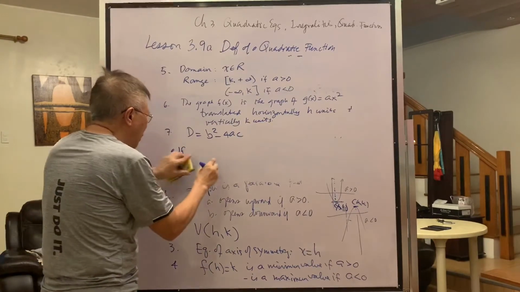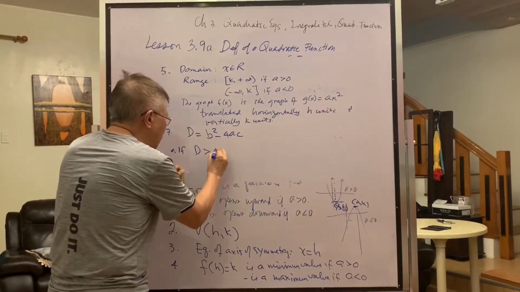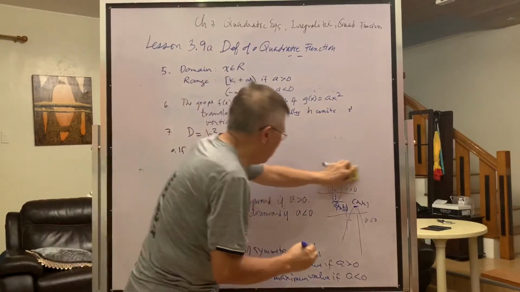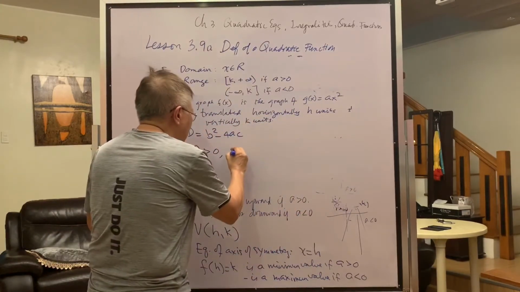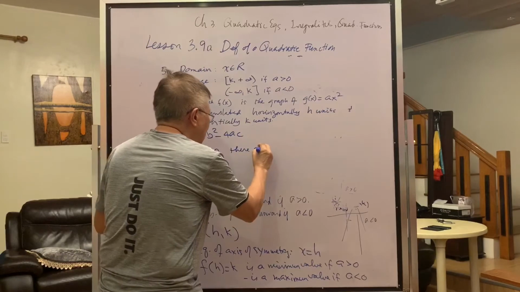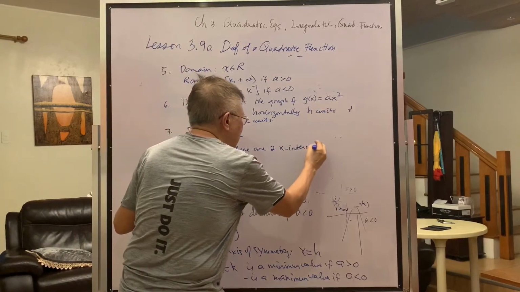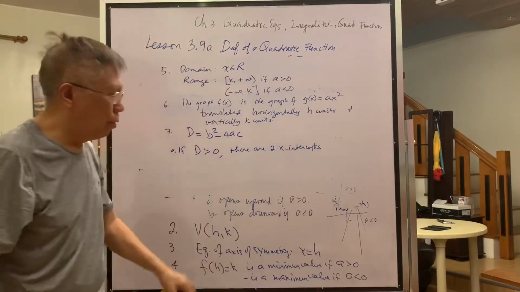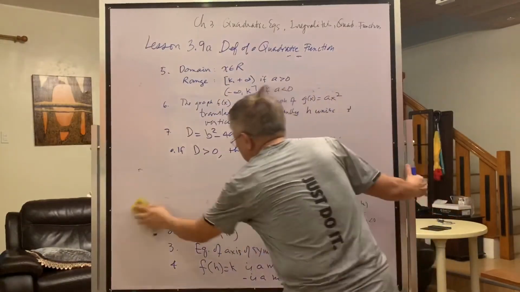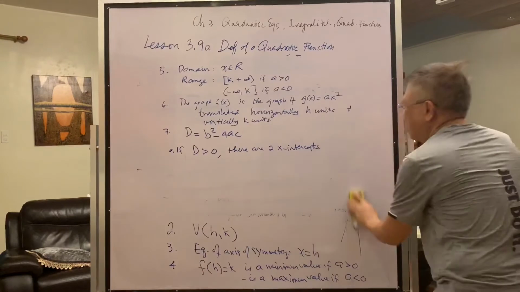First one, if D is greater than 0, then what do we have here? There are 2 x-intercepts. Okay, these are two x-intercepts. How does the graph look there?